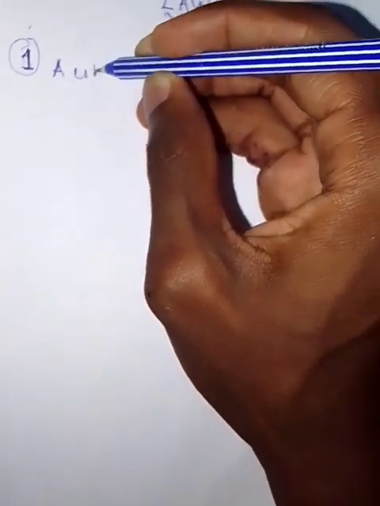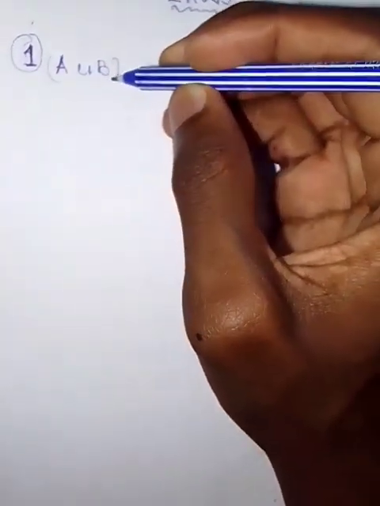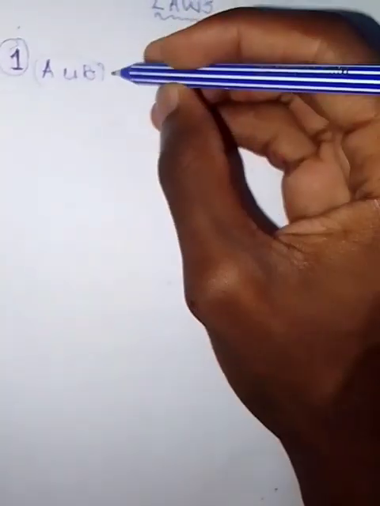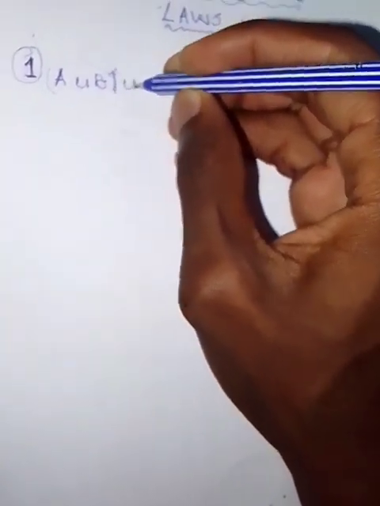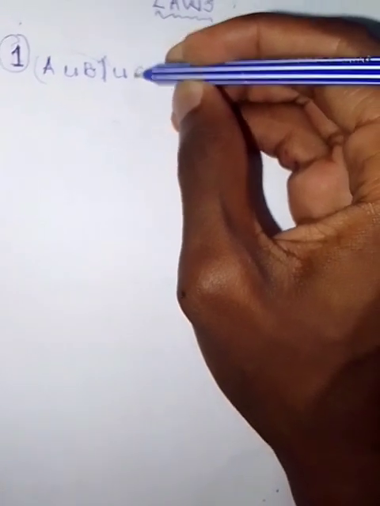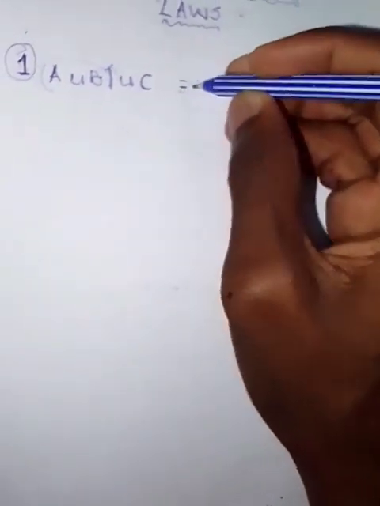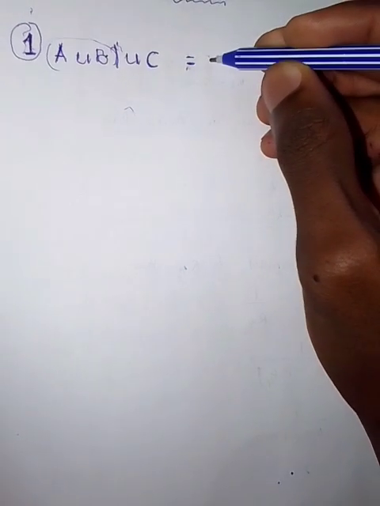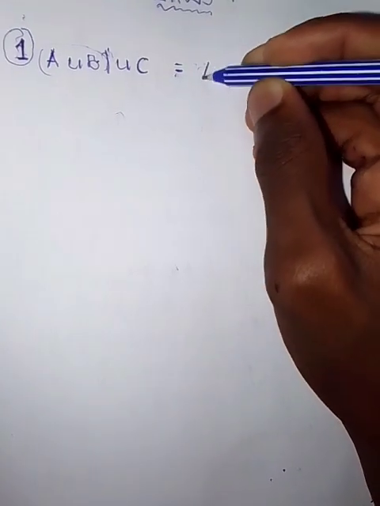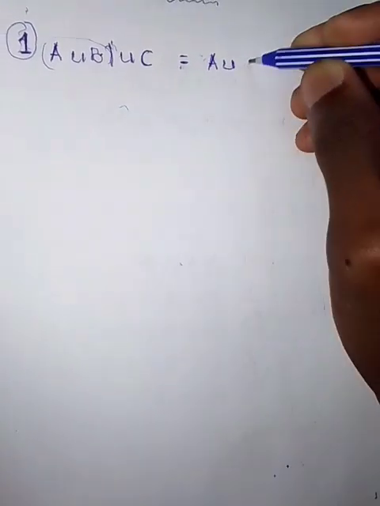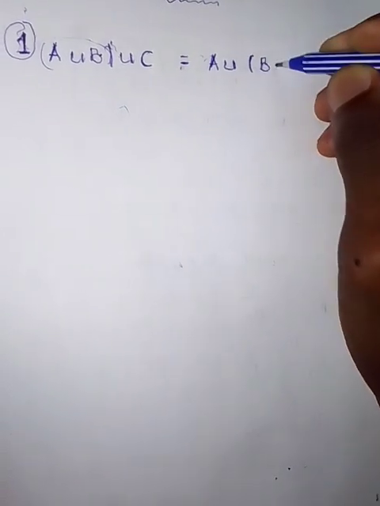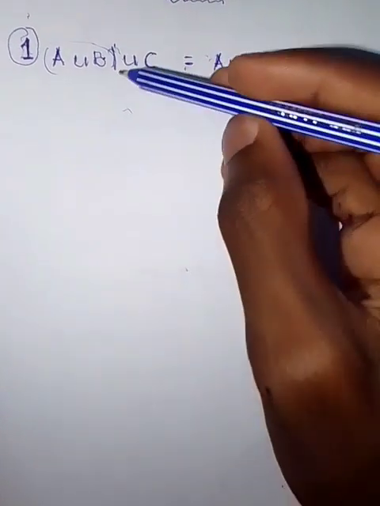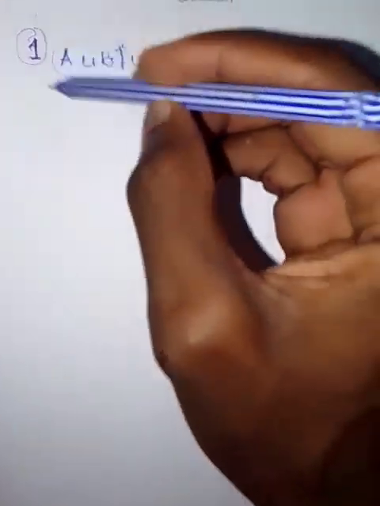Let's say A union B. Then the union of set A and B is also united to the third set, which is C, and that is equal to a scenario where we have set A being united to a union of B and C. So it's saying that this expression is equal to this expression.